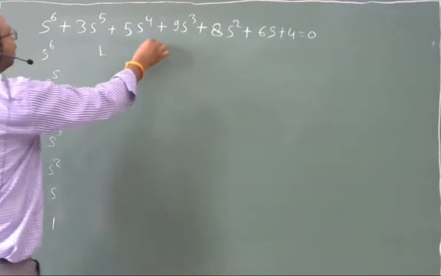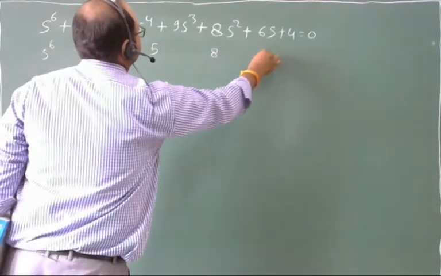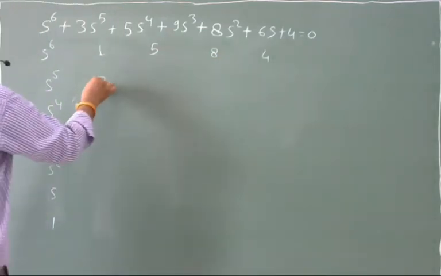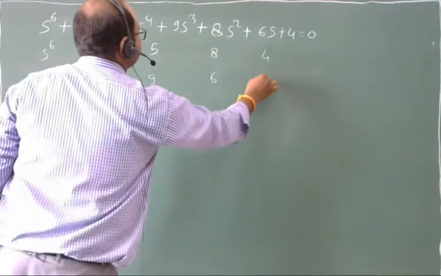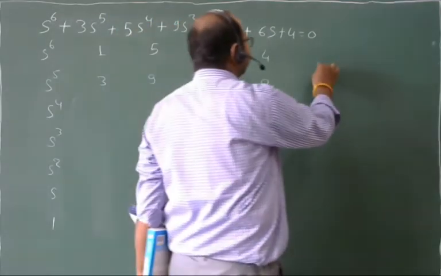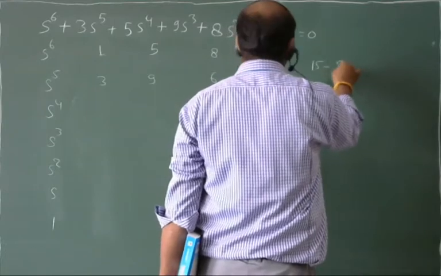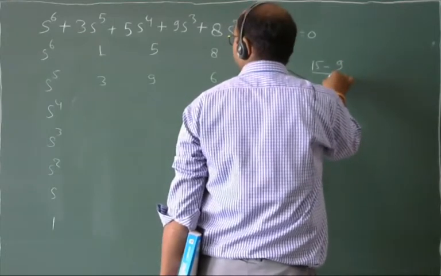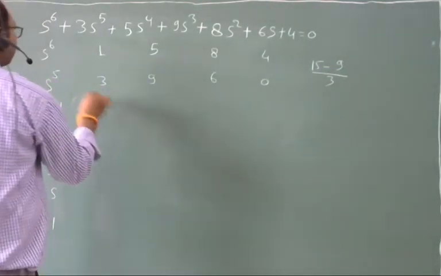Coefficients are 1, 5, 8, 4 and 3, 9, 6, 0. Here the value will be 5 into 3, 15, minus 9, divided by 3. 6 by 3, 2.